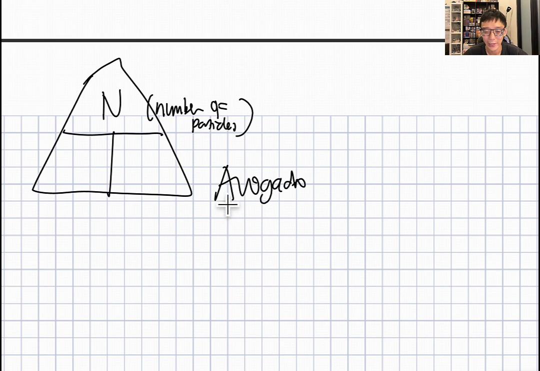He somehow calculated the number of particles in substances, in molecules. And he found out that for every mole of anything, any atoms, any compounds, any molecules, the number of particles would be equal to the Avogadro constant, which is 6.02 times 10 to the power of 23 particles. So this is a constant.